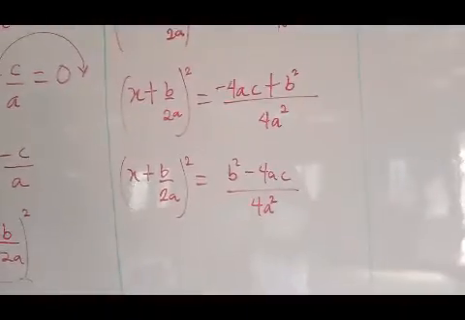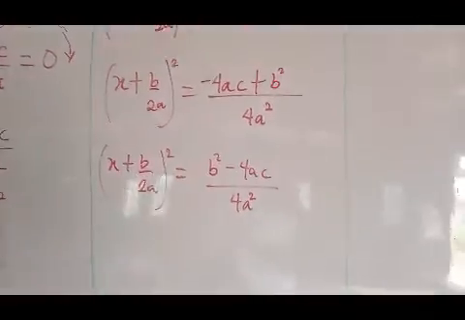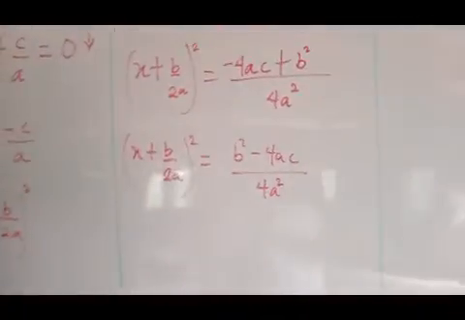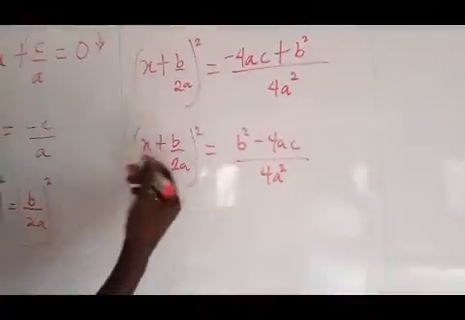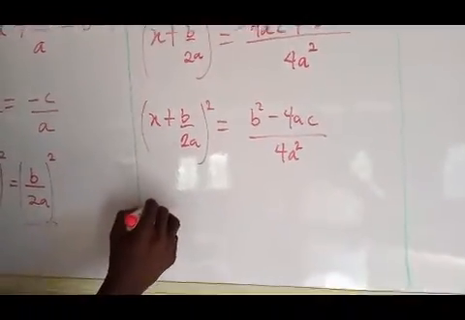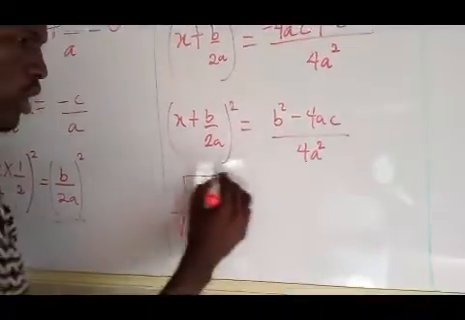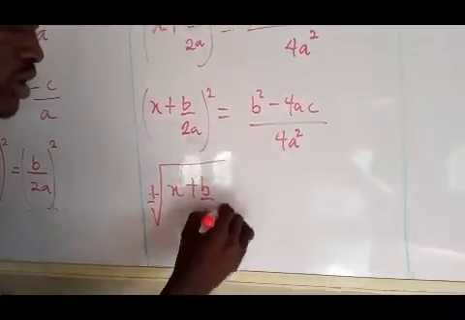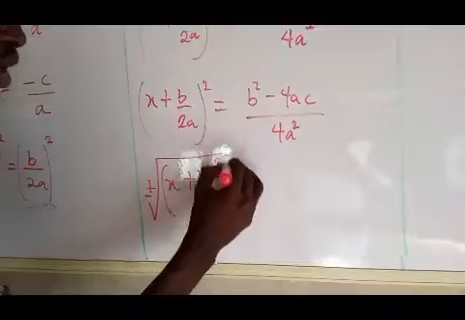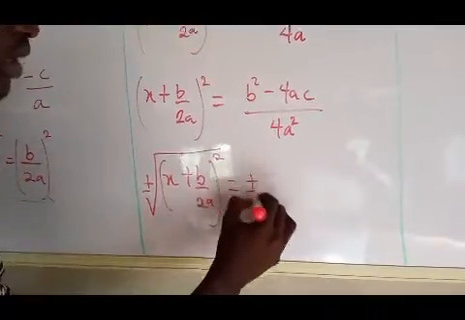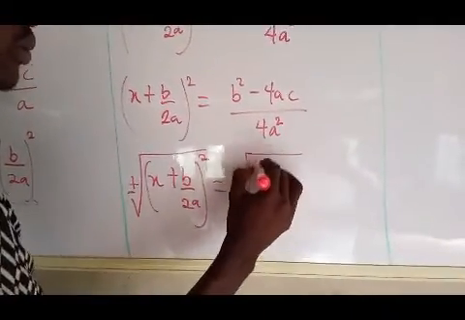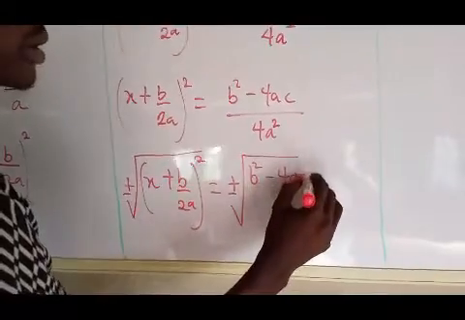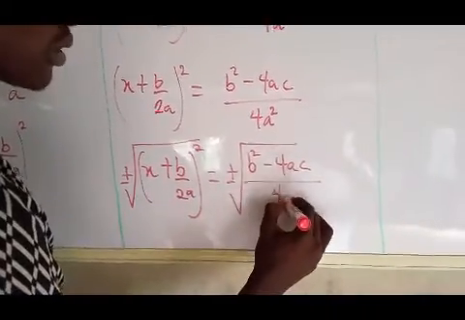So after that, the next thing you need to do is to square root both sides, because all you are trying to do is to make x the subject of the formula. So if you square root both sides, you will have plus or minus the square root of x plus b over 2a all squared equals to plus or minus the square root of what? b squared minus 4ac over 4a squared.